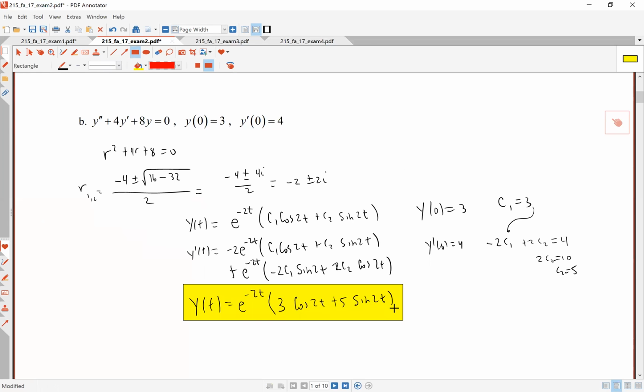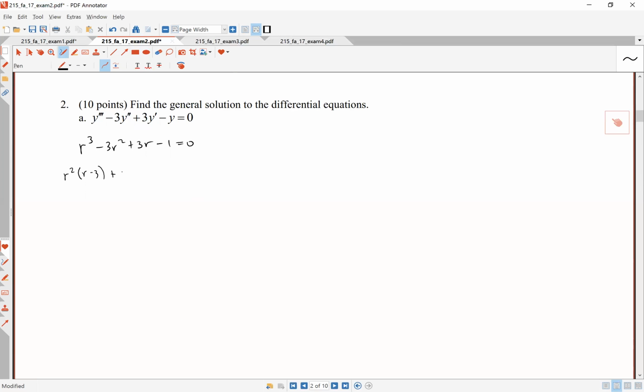Okay, you will have some of these higher order ones on the final as well. Here are characteristic equations of third order. When there's 4 terms like this, try to factor it by grouping. And in this case, the factor by grouping doesn't work.